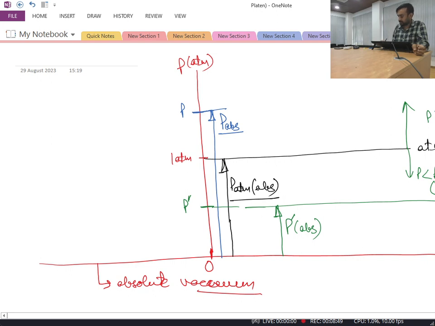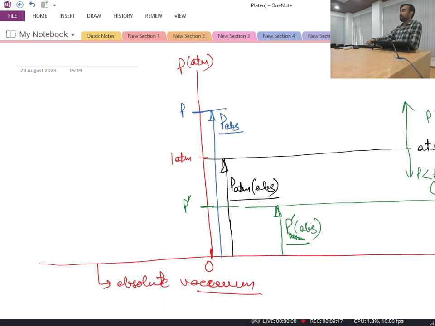So this is one important point to note. If my pressure is greater than atmospheric condition, then we call this absolute pressure with reference to the absolute 0 scale. But if my pressure is less than P atmospheric, then we call it our vacuum pressure. So P dash is the vacuum pressure, but it is in absolute scale. Okay, so this is the standard scale of pressure measurement.